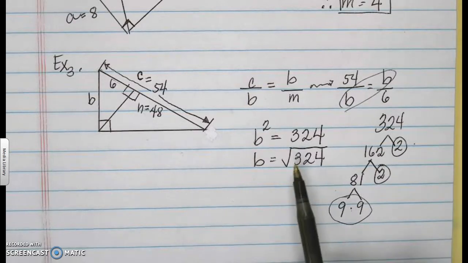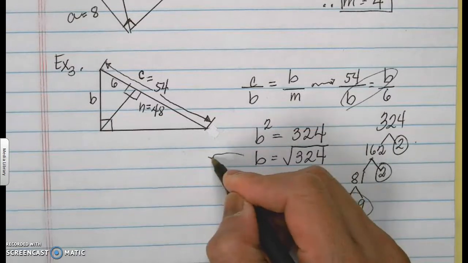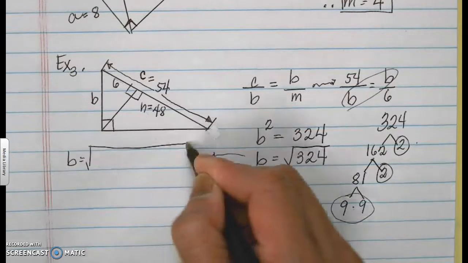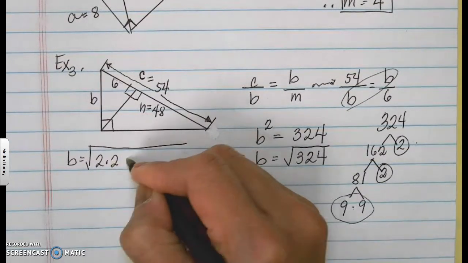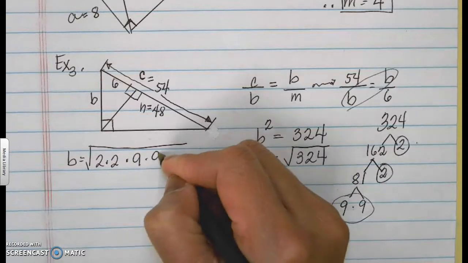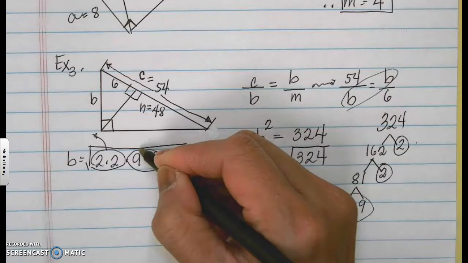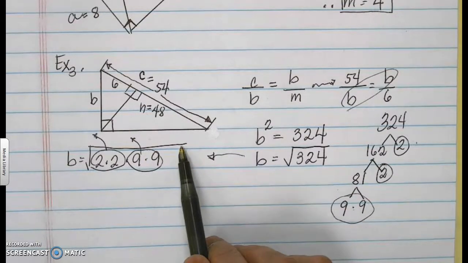Therefore, I can go back and do it here on the side. So my B is equal to big radical. Arrange this from least to greatest. So 2 times 2 times 9 times 9. This will go out because that's a perfect square. This will go out because that's a perfect square. And only 1 is going to stay inside, the number 1.